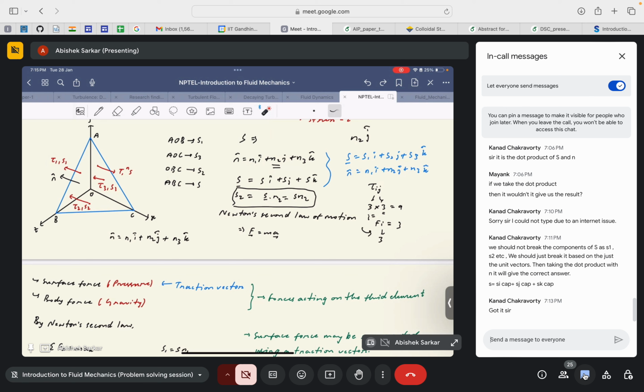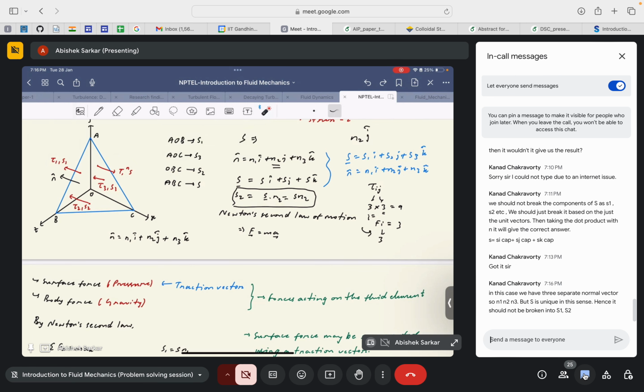Then we take the dot product of these two to find S2, the component of the surface along the y direction, as S dot n2. Then we get S2 equals S dot n2, which basically gives the component of the surface along the y direction.